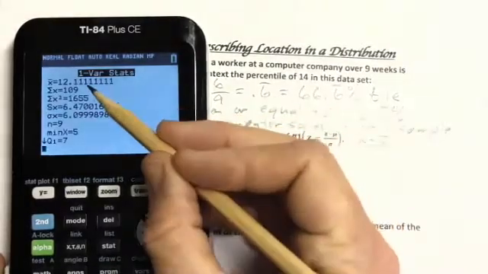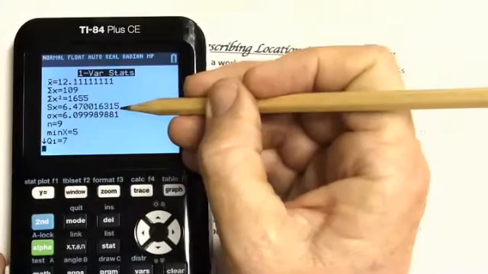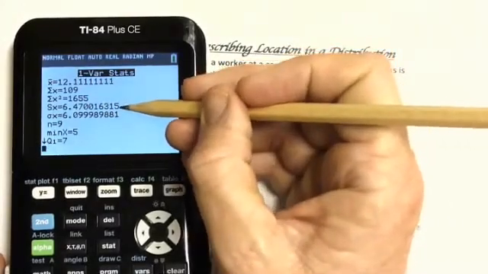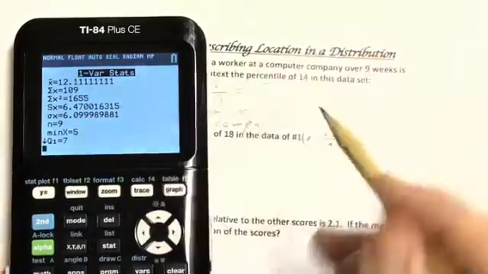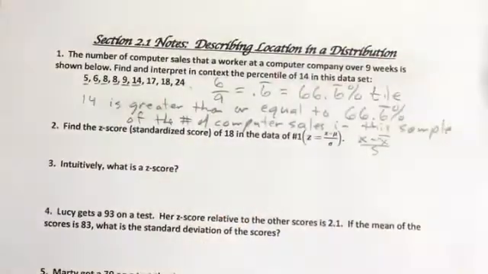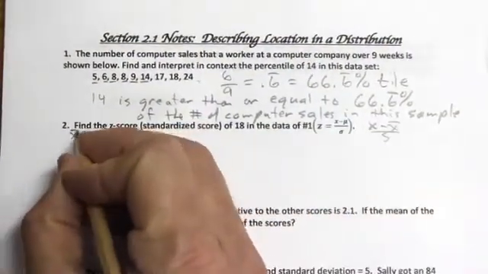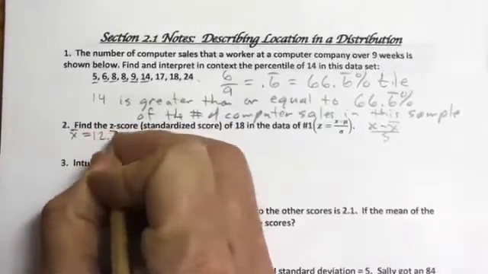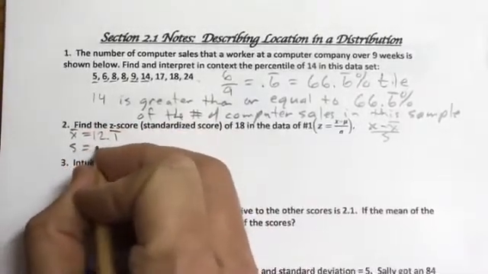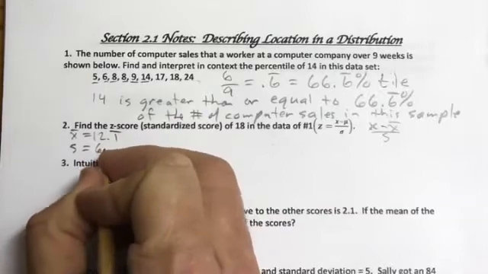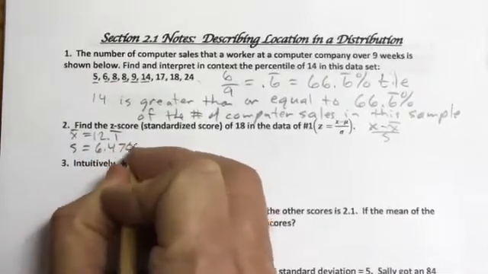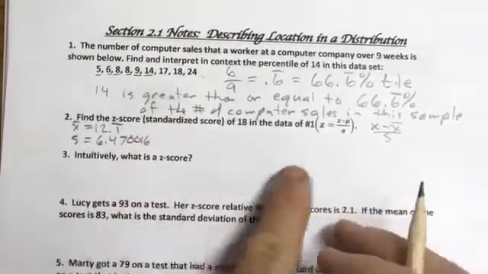And so there's the mean, 12.1 repeating. There's the standard deviation we use. We always use Sx, 6.470016. So our mean, our x bar or our mu, is equal to 12.1 repeating, and our standard deviation is going to be 6.470016.